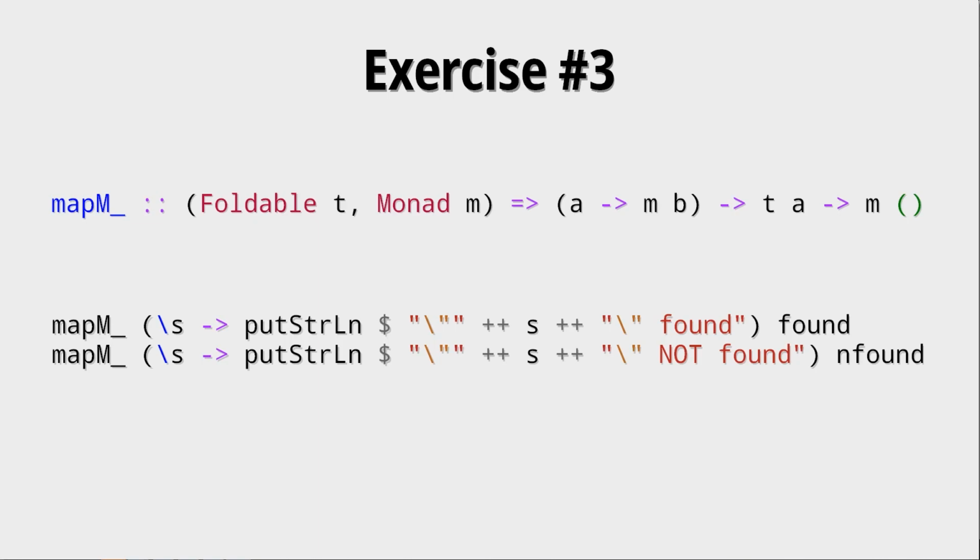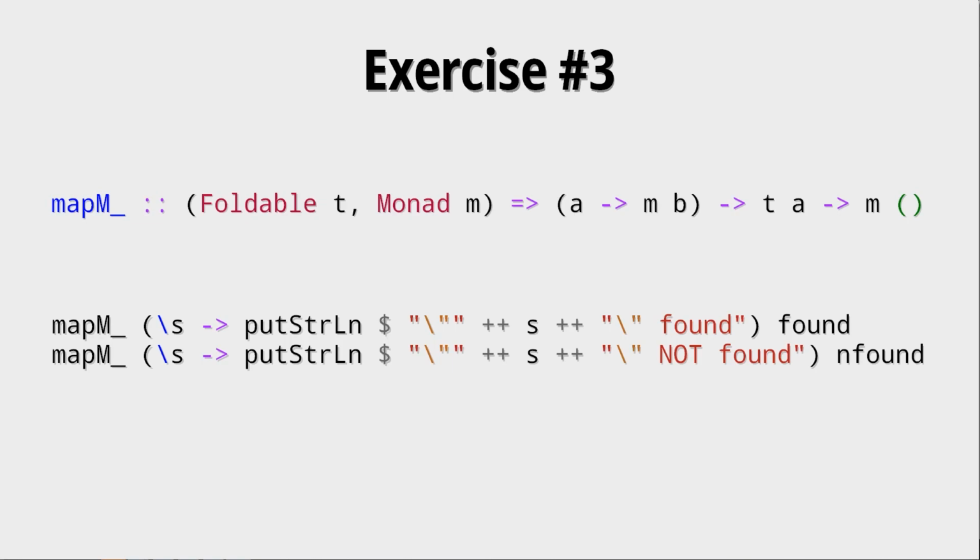Okay, so in our case, we have the following. mapM_ gets this function s to putStrLn with some string as an output for all the words in the found list. And then we do this call again, but with a changed string, in this case with notFound and with the nFound variable. So what does mapM_ actually do?